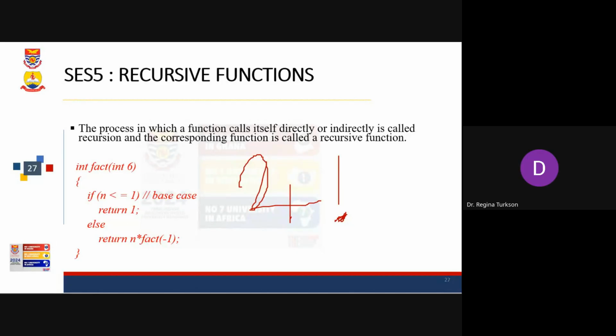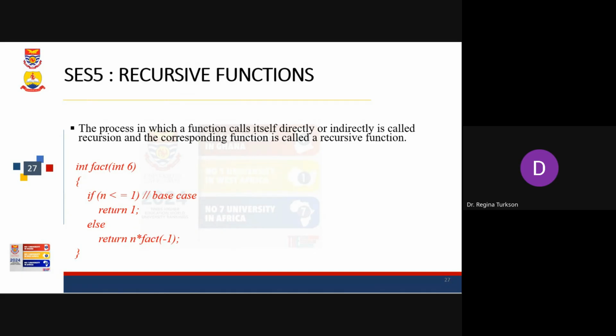Okay. I need you all to look at your screen. In the code on the screen, the red highlighted area, we have integer factorial of 6. It means that we are trying to find the factorial of the integer 6. Factorial means the number multiplied by the numbers preceding it in a decrement way.